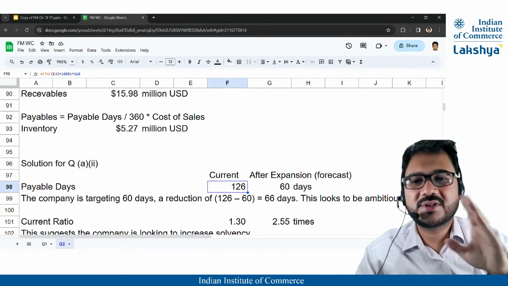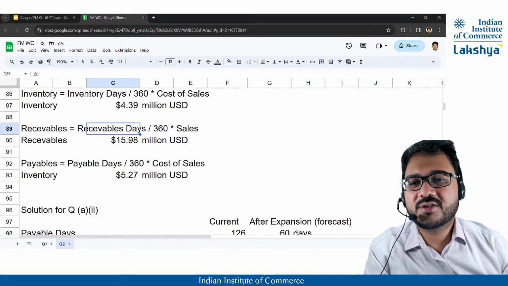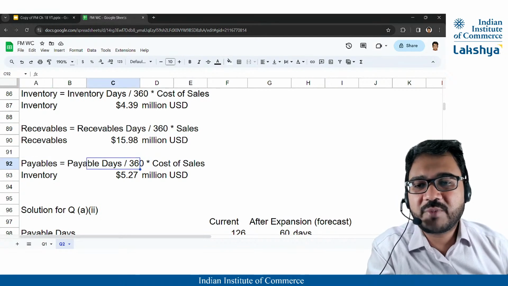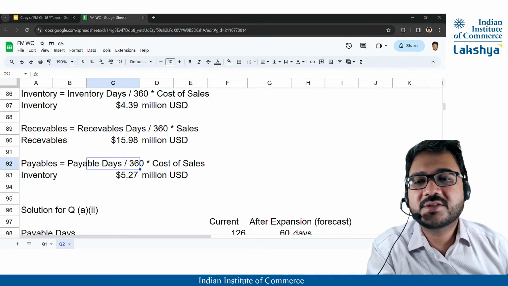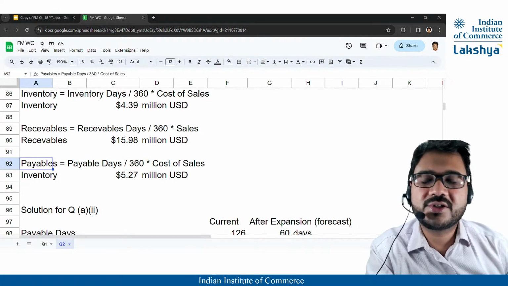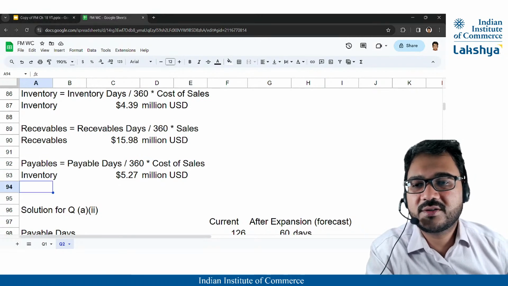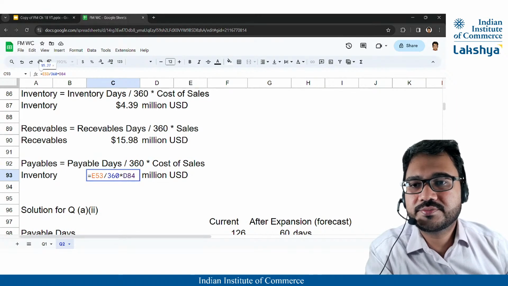So it's simple. It's just whatever formula you used over here, it gets rearranged. So for payable days, you will do payables divided by cost of sales into 360, right? So over here, we will take cost of sales, that is D84.